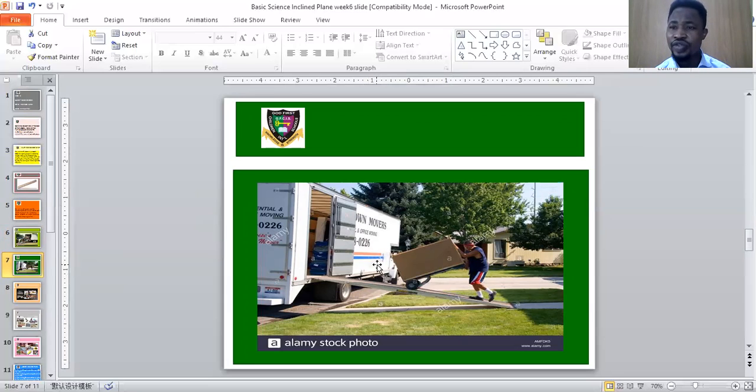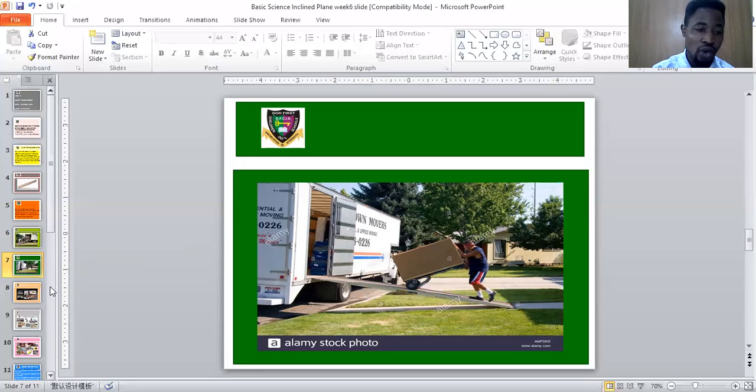So that's the essence of a pulley, to make your work or loading of heavy equipment easy to do. Okay, so that's so easy. This is a typical everyday use of a pulley. This flat metal is a pulley.